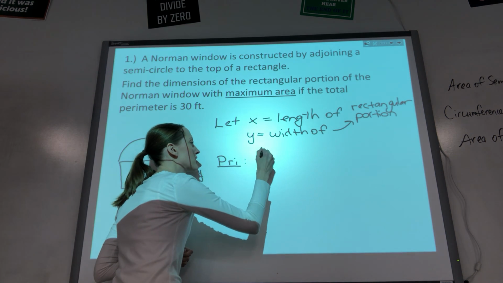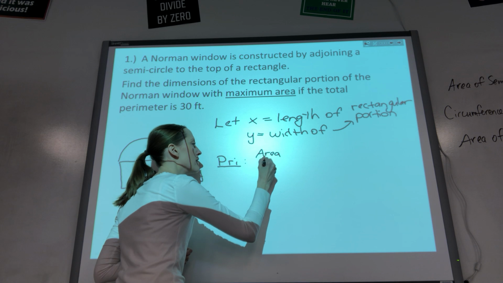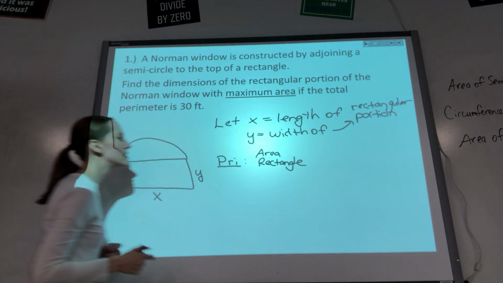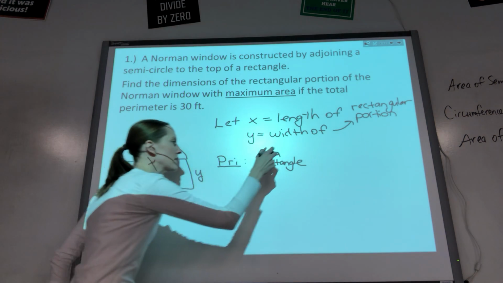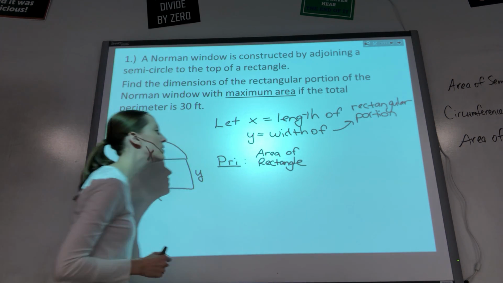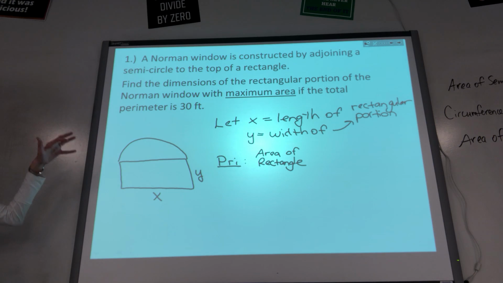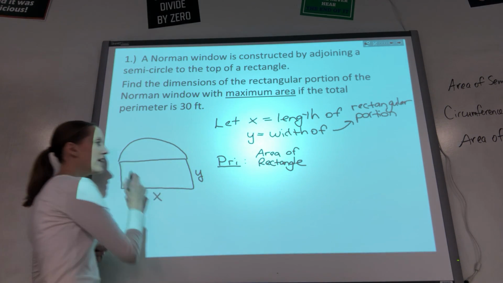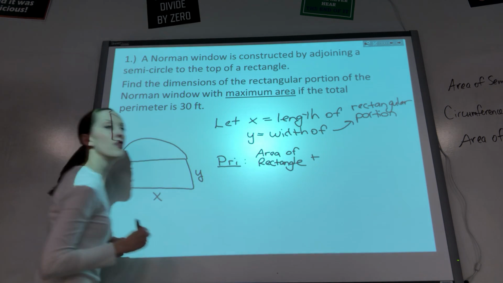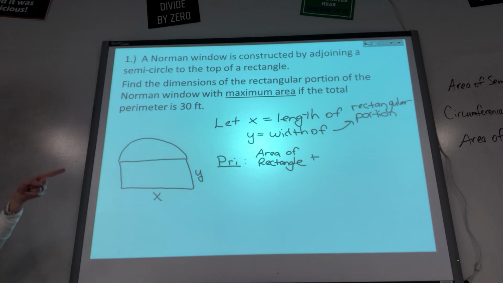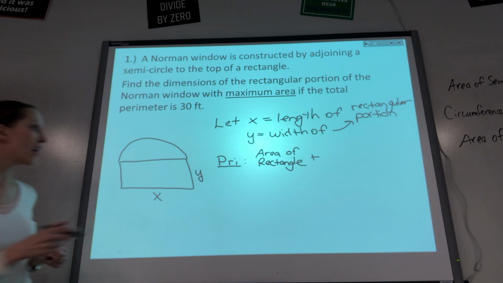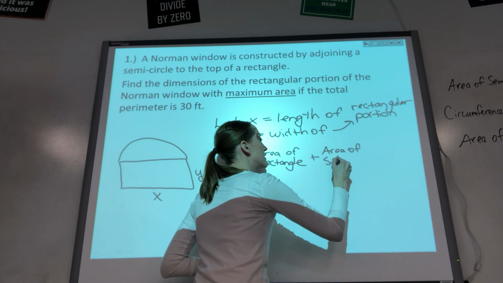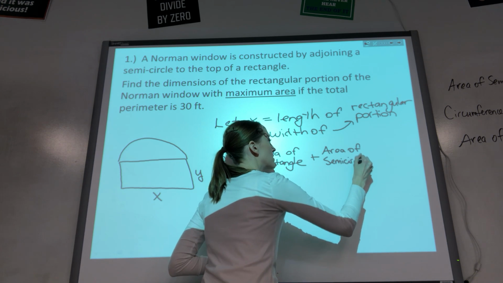And I'm actually just going to write that out in words first, because I think this helps you see it a little bit better. To find the area of the entire figure, we're going to have to take the area of the rectangle plus the area of the semicircle.